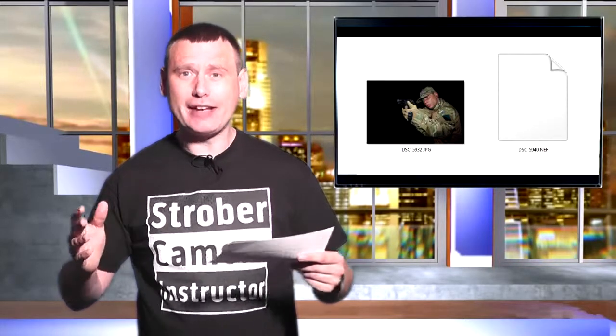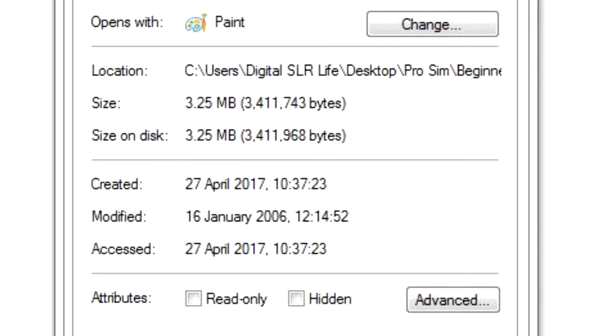So let me give you a perspective of the difference in size. If we have a look at the photograph we are taking in the large JPEG format, then we can see that 3.25 megabytes is the current size of that JPEG format.